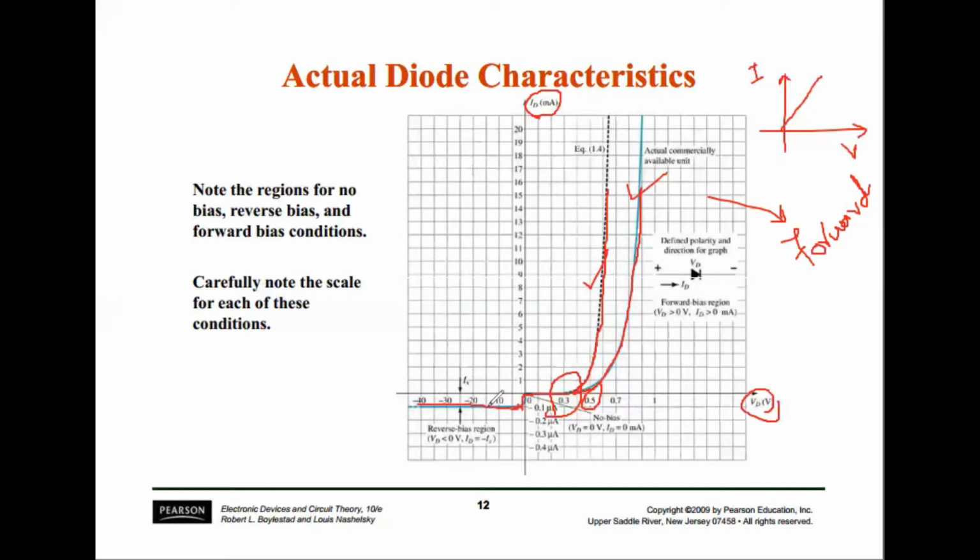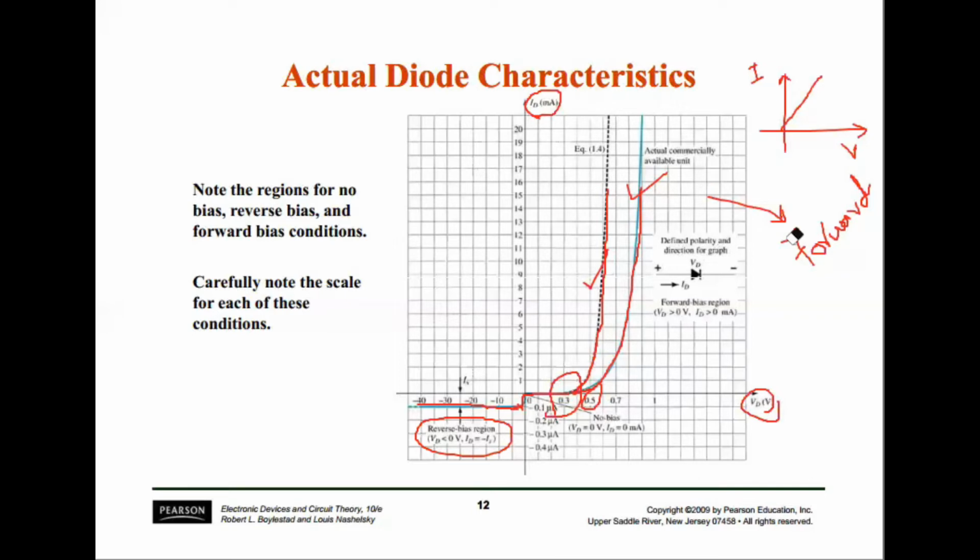This is due to the constant value of the leakage current or the reverse current. That's why this quadrant is called the reverse bias region. You can see here that the voltage is negative and the current is also negative because this is in the opposite direction. So this is the actual diode characteristic curve which is explained here.